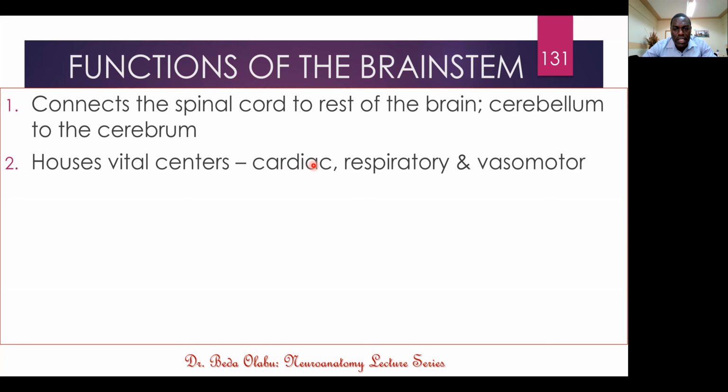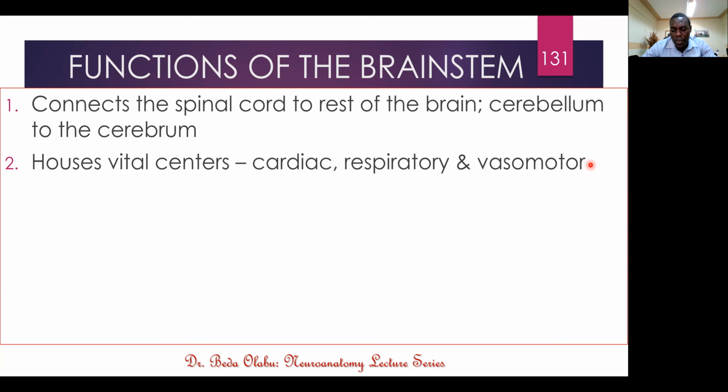Vital centers are centers that control key functions. It controls the heartbeat, it also controls breathing, and it controls blood pressure. So the brainstem controls those key functions.